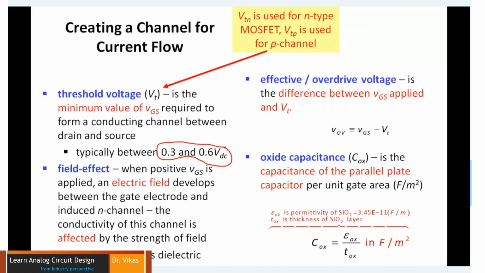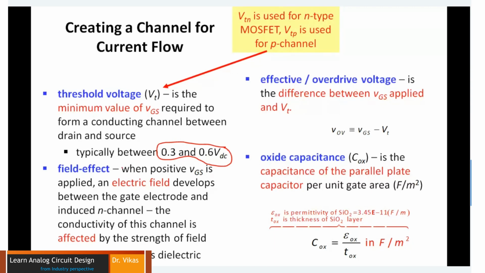So if I consider the supply as 1 volt, it would be somewhere around 0.3 to 0.6 volts. It is not a fixed value that comes during fabrication. You can change the threshold voltage as per your convenience, based on when you want the channel to conduct. That's how my threshold voltage is reflected here.